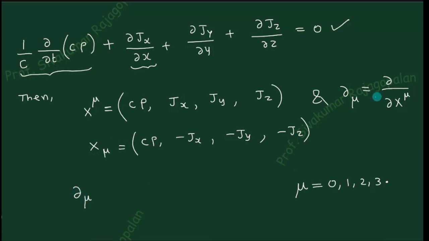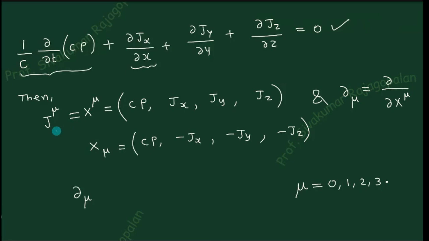Operating on what? So this is the dou mu. Dou mu is operating on the vector x mu. So x mu is a very generic one, without referencing any particular variable, x can be any generic one. But now that we are talking about the current density, we can say J mu. It doesn't matter whether you really write J mu or x mu. It actually doesn't matter.